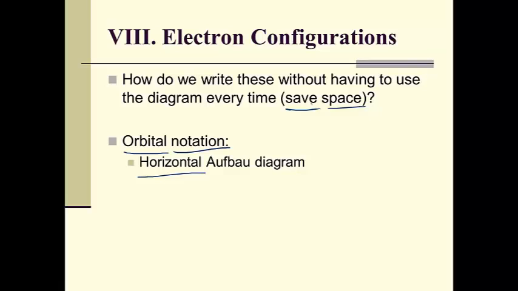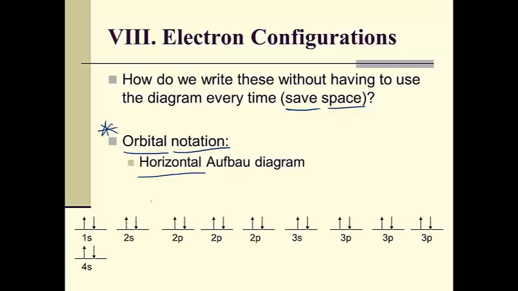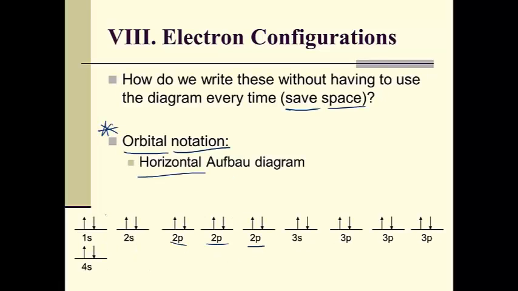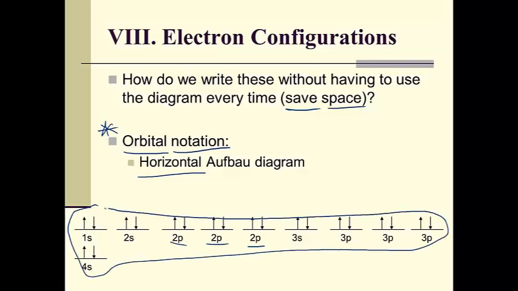So remember this: 1s, 2s, 2p, we need 3 of them, and then the 3s, the 3p's, and finally the 4s. This whole thing here is the orbital notation for the electron configuration for calcium.